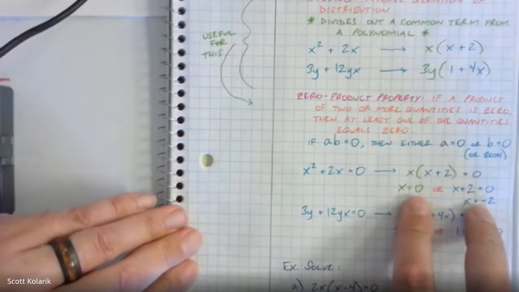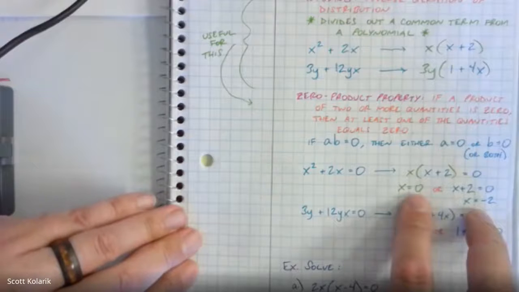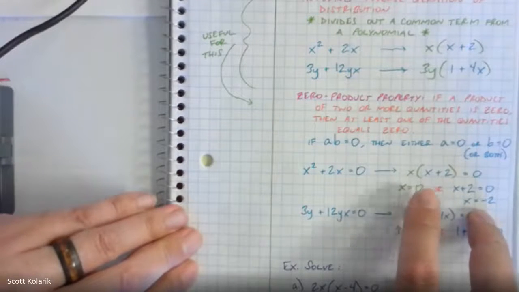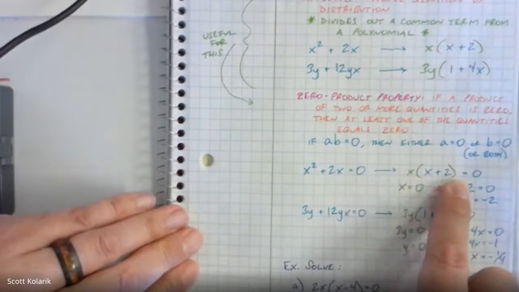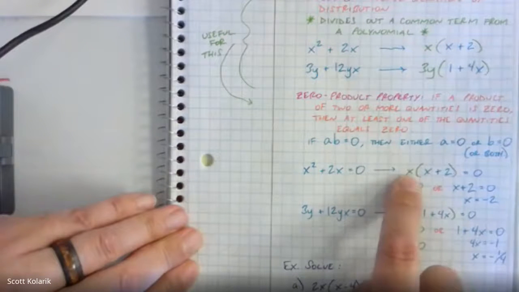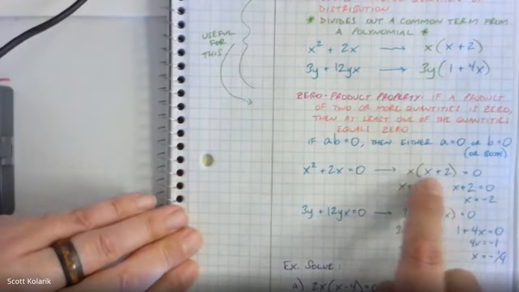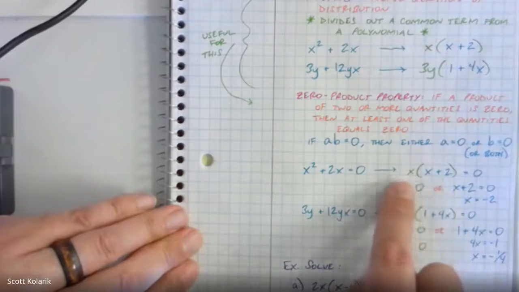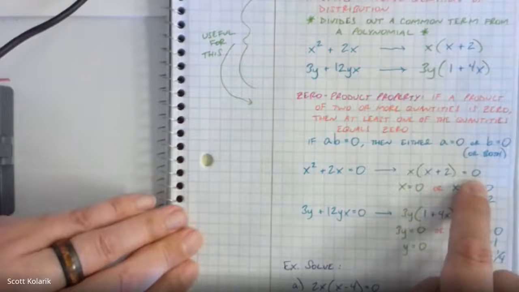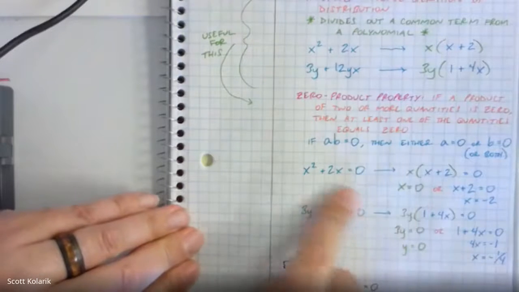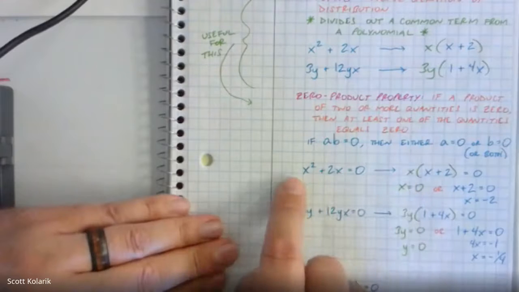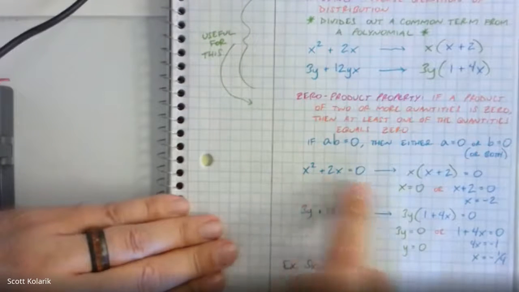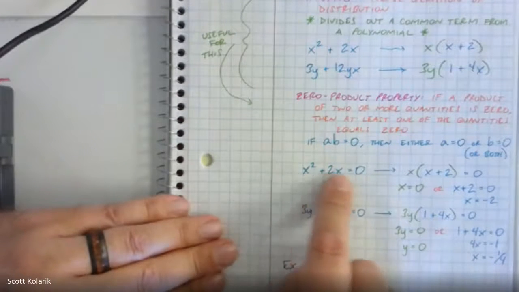So what does this mean? I have two separate values. Both are correct. Here's what I mean. If I take this x equals 0 and plug it back into this phrase, 0 times 0 plus 2, well, this happens to be 2, but it didn't matter because 0 times 2 is still 0. If I were to plug 0 into its original polynomial, which is technically the same, 0 squared is 0, plus 0 times 2 is 0. 0 plus 0 is 0.